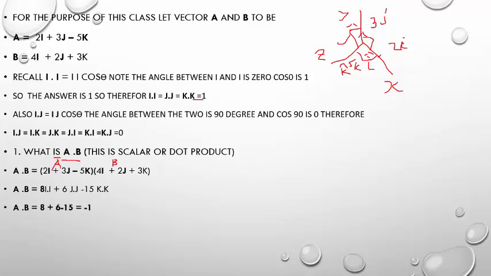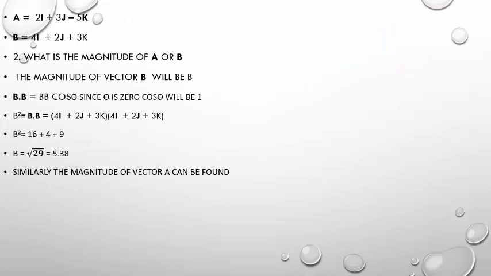But if we are to find the magnitude of a vector, then it will always be a positive value. Then the next question is, what is the magnitude of A or B? So the magnitude of a vector will be the scalar product of that vector.